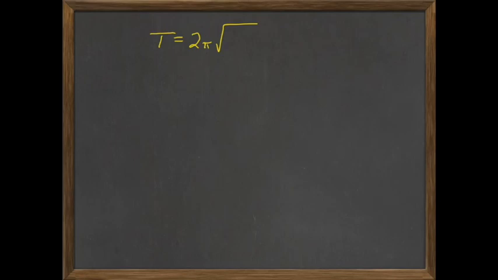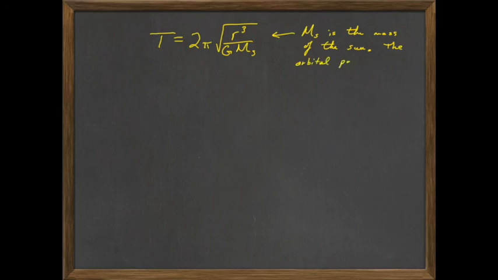Okay, so if we write out the period equation, it's 2 pi square root of the orbital radius cubed over the gravitational constant times the mass, and in this case we'll say it's the mass of the Sun, because this is the orbital period of a planet. One of the interesting things is you'll notice that there's nowhere in this orbital period equation that identifies the planet except for whatever the orbital period is and whatever the orbital radius is.